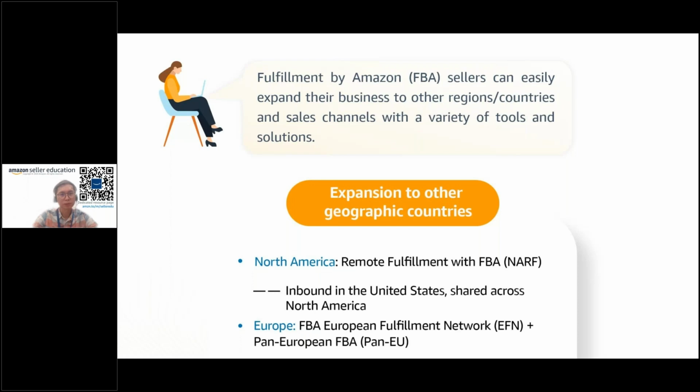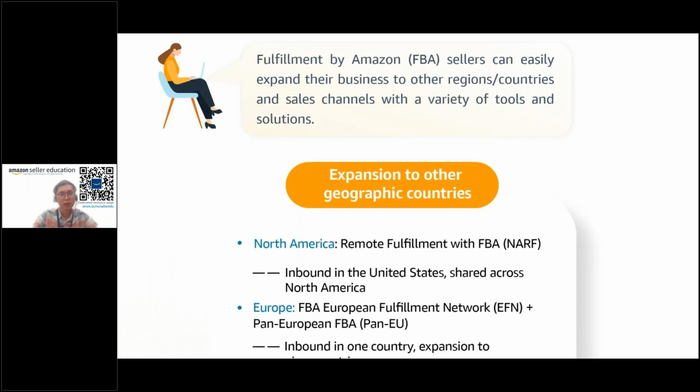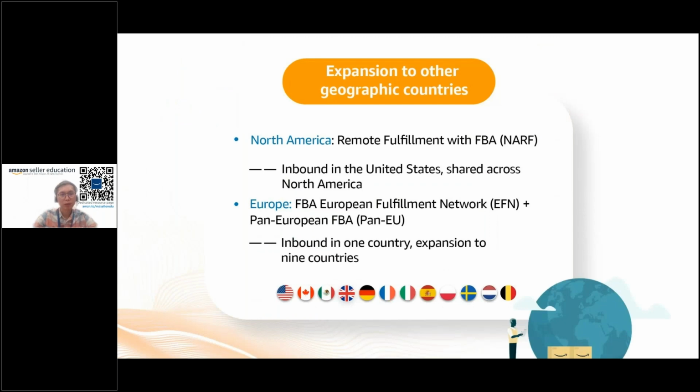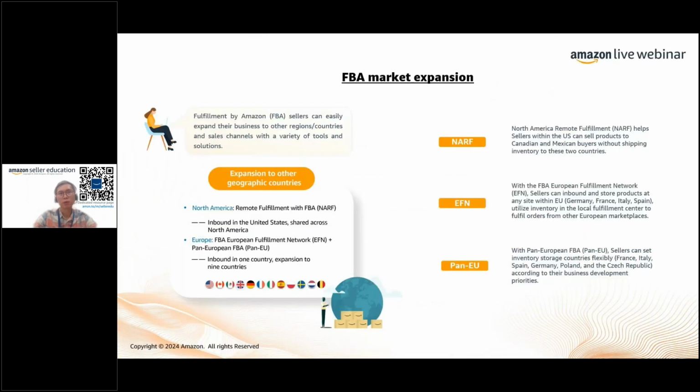There are some other options like remote fulfillment with FBA. Just by inbounding, sending your inventory to the US, you'll be able to fulfill your products to the other stores if applicable, and also Europe, etc. For example, if you were to start an account right now, signing up for the North America store, you will get access to three stores: the US, Mexico, and Canada.